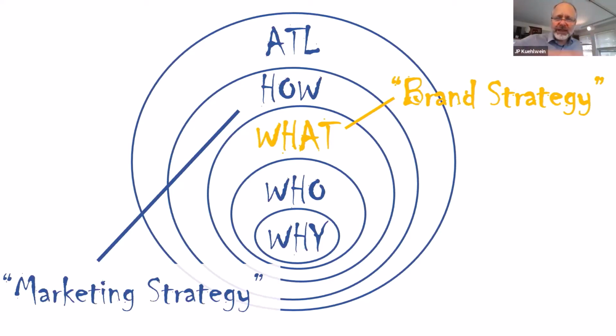I also want to make you aware again that the why, who, what is kind of at the brand strategy level. Those layers are pure brand strategy. It's your job to develop those layers as you develop the brand strategy. The how and the broader competitive, cultural, political, social context are more at the marketing execution level. Why are we then even including them?